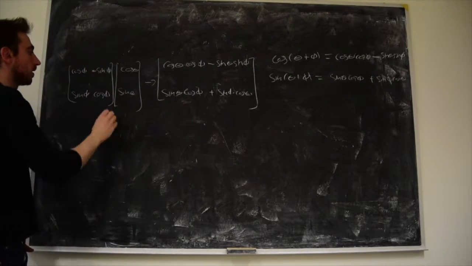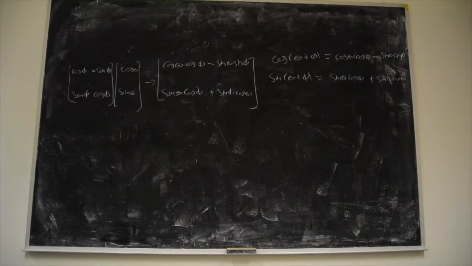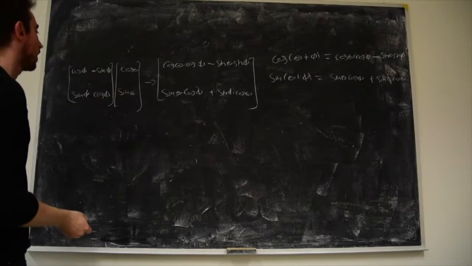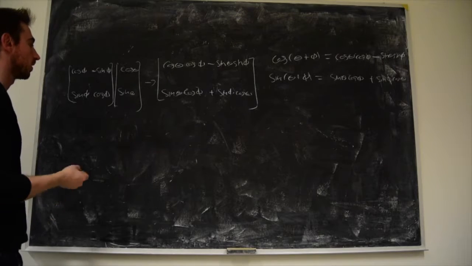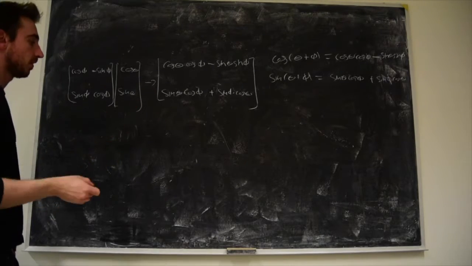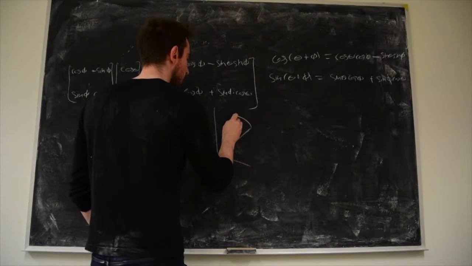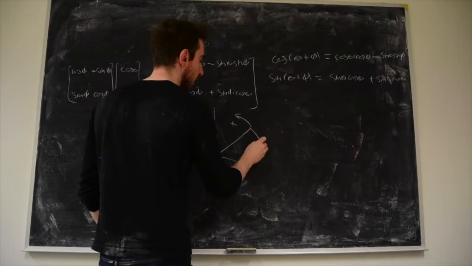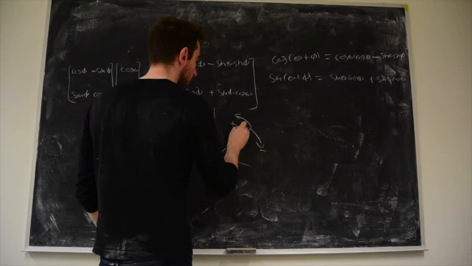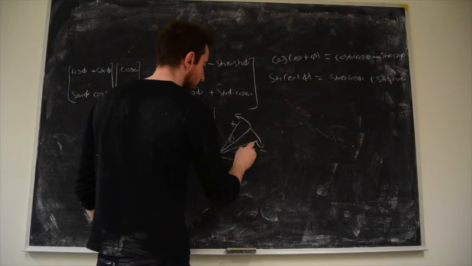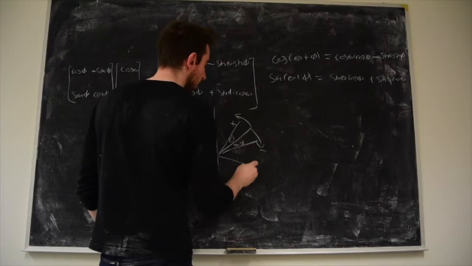I won't get into the details, but you can check that this works using either the difference formulas for cos and sine, or the fact that sine is odd and cos is even. If it's a negative angle, remember when we rotate counterclockwise, this is positive, and when we rotate clockwise, it's negative. So this would be rotation by phi, this would be rotation by negative phi.